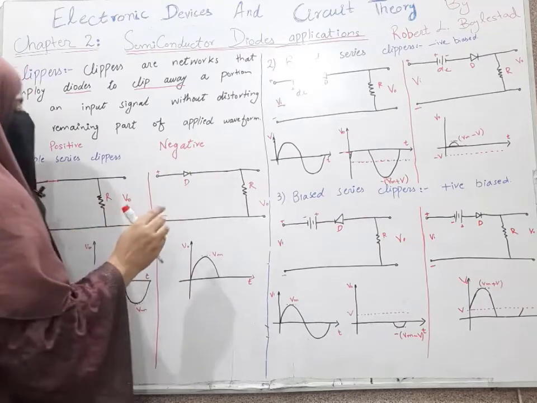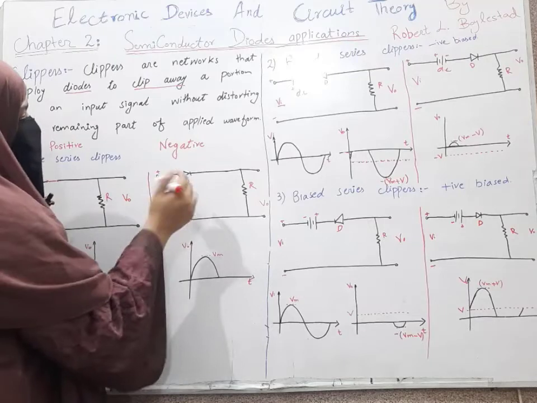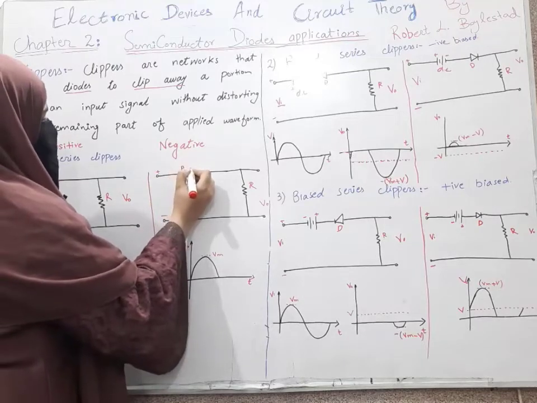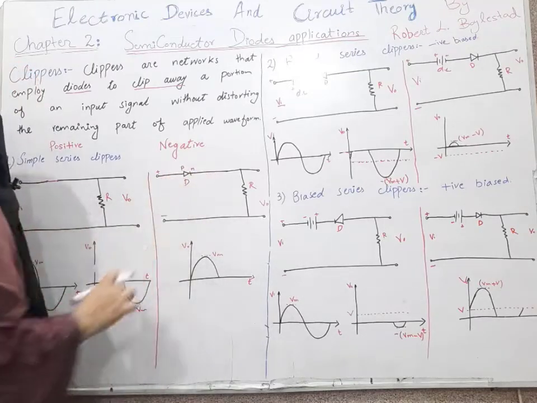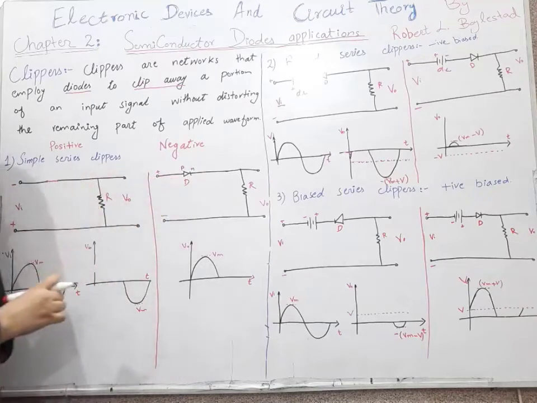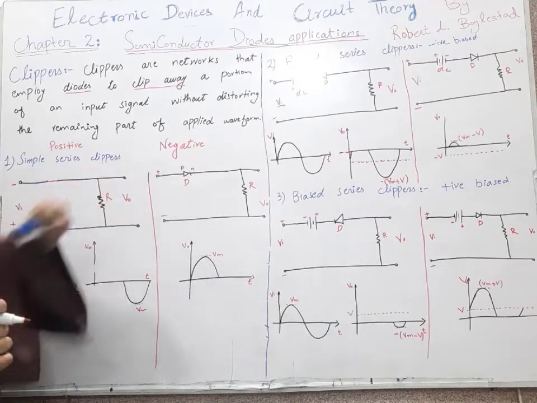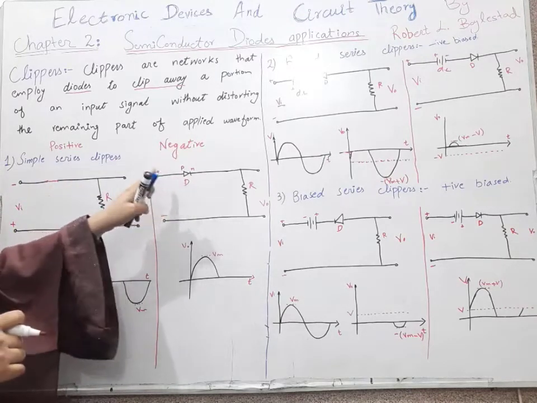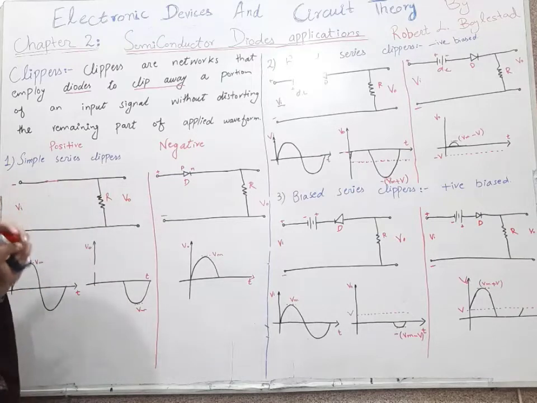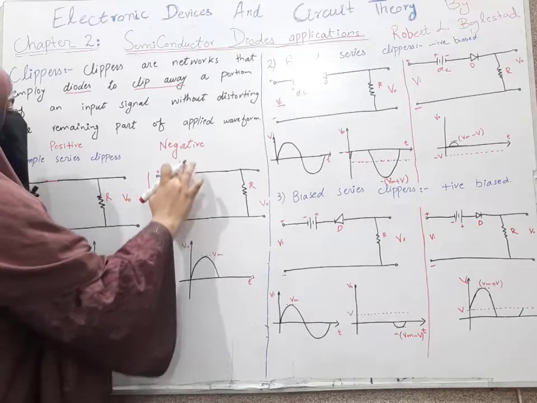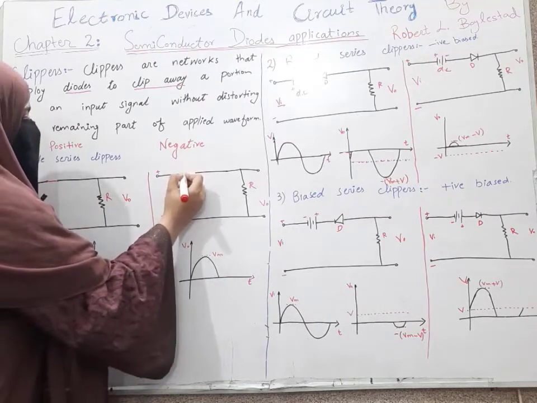Negative clipper: this is the P type of our diode, this is the N type, and the P type is connected to the positive terminal. For the positive half cycle, the P type is connected to the positive terminal, so our diode will act as forward biased, and we will have a closed circuit here.